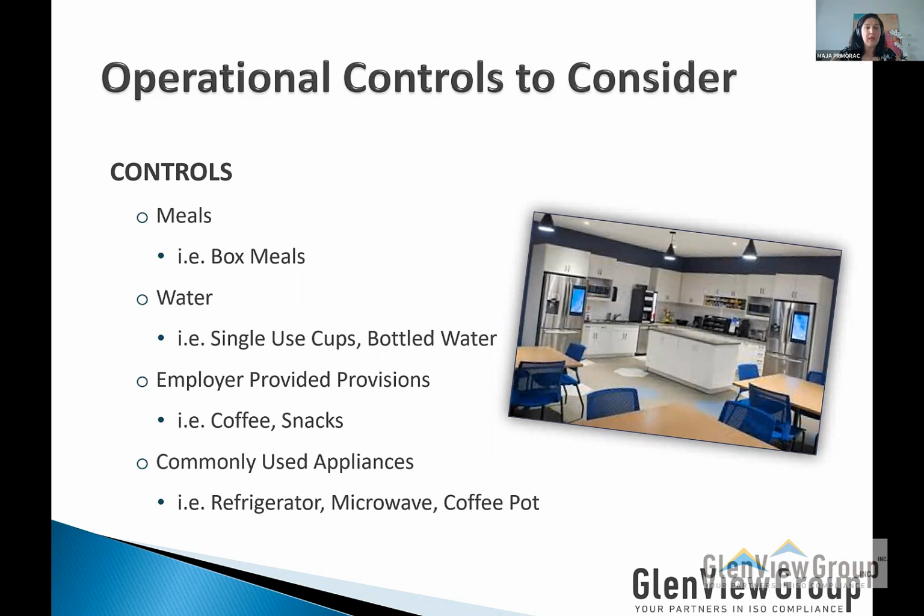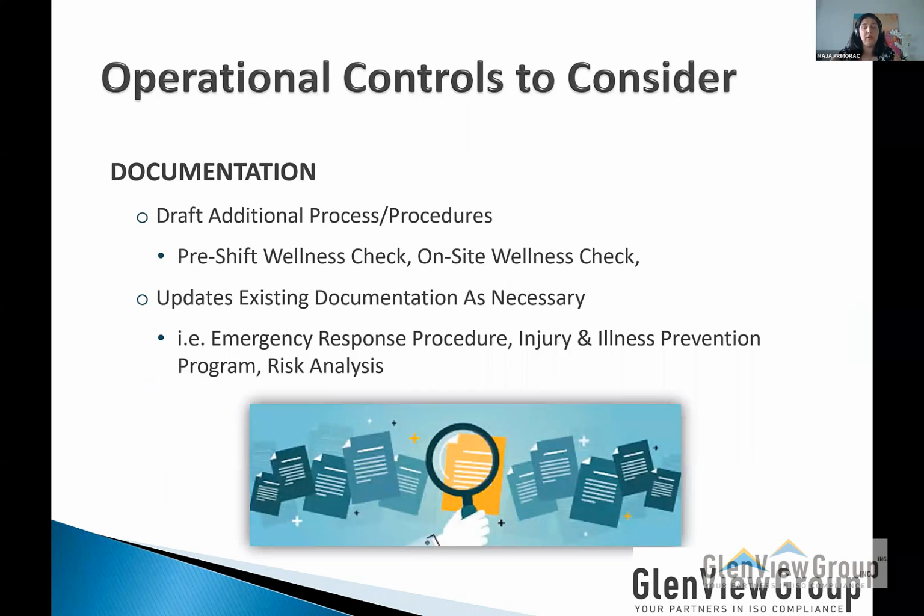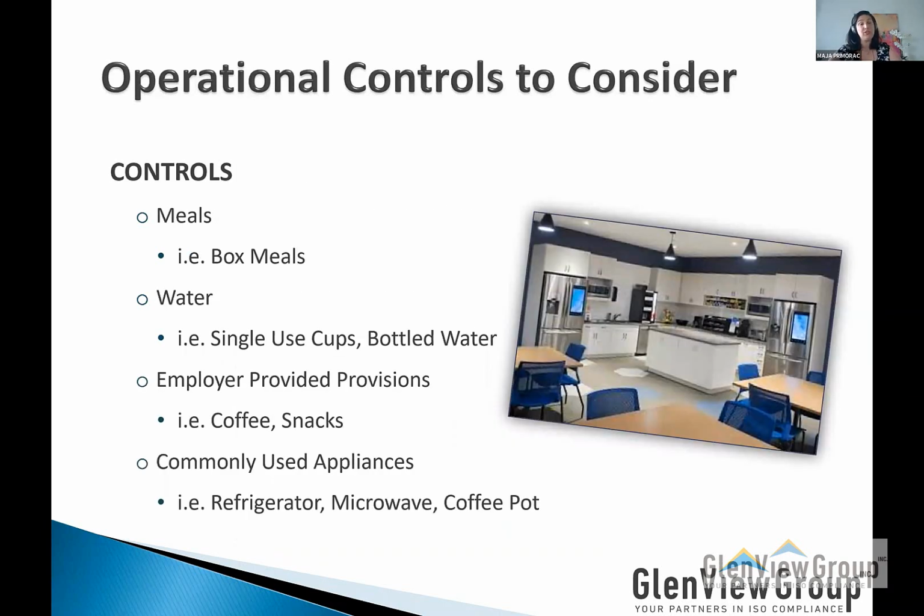And the same thing, is the organization providing coffee and snacks, or are personnel going to be allowed to bring these from home? Then we're going to take a look at commonly used appliances: refrigerator, microwave, coffee pot. What are the rules on cleaning these? So these are all of the potential controls to take into consideration.